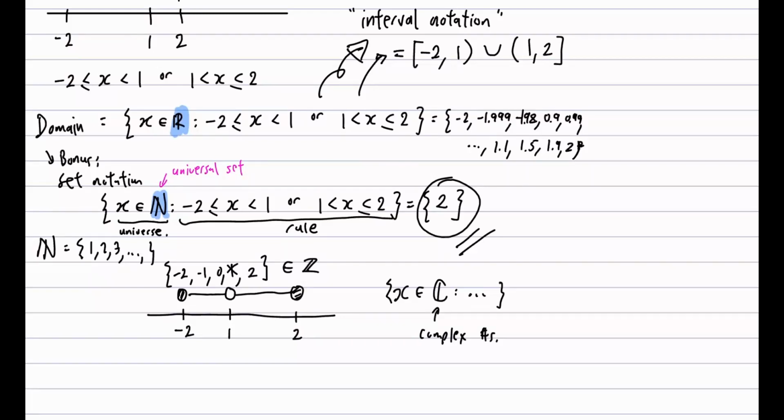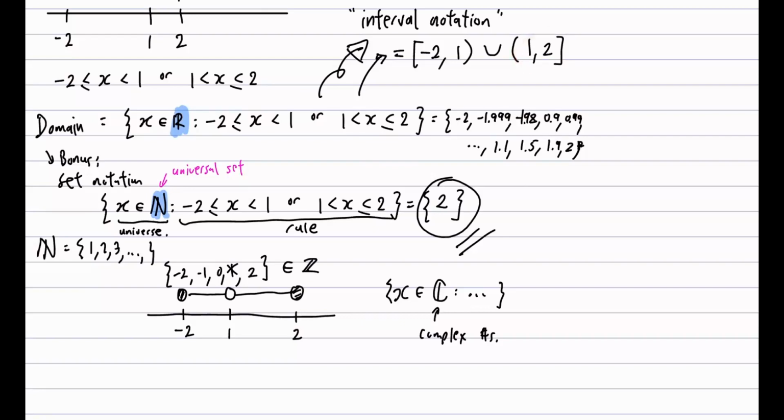What does it mean? Here you see an equal sign, so you put a square bracket. Here you see strictly less than, which doesn't include 1, so you put a round bracket. Here you see an equal sign, you put a square bracket. You must always write from small to big in interval notation.